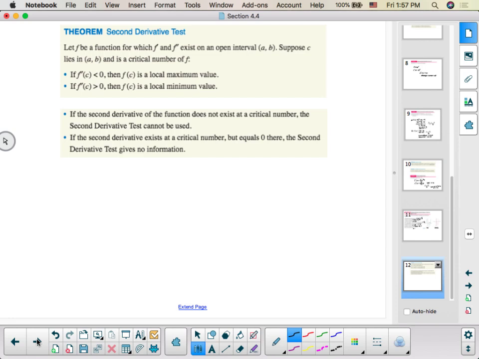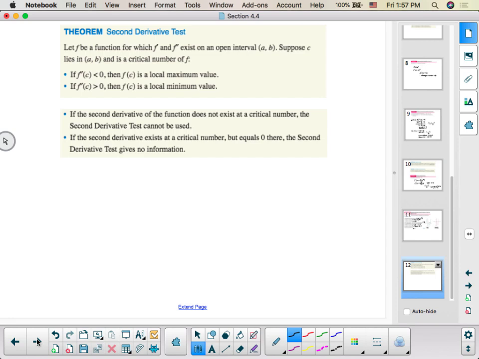And finally, the second derivative test is never necessary. You can always use the first derivative test, but you might be asked on the AP to use the second derivative test in a free response question. So the idea is you find those places where you have critical numbers, and then you test those x values in the second derivative.